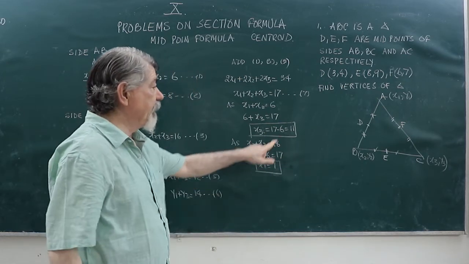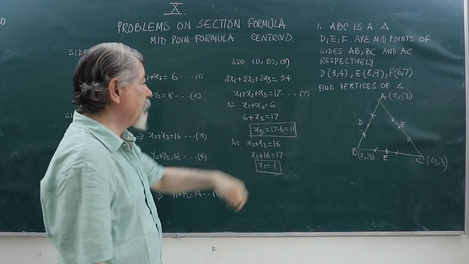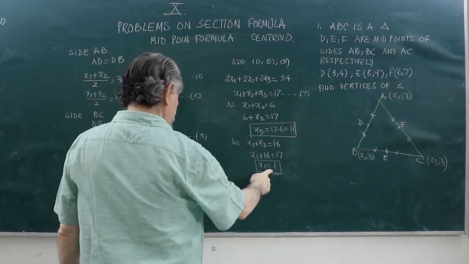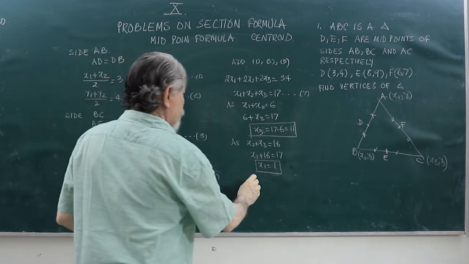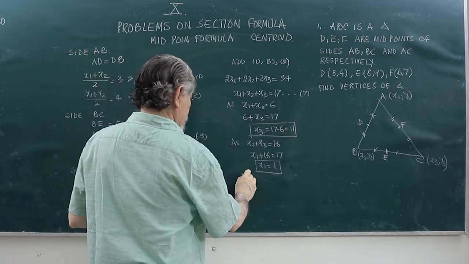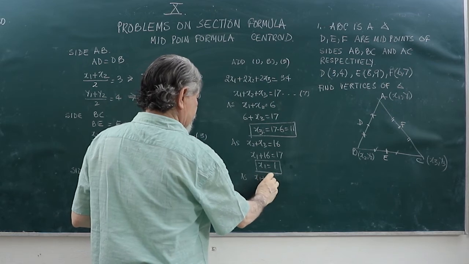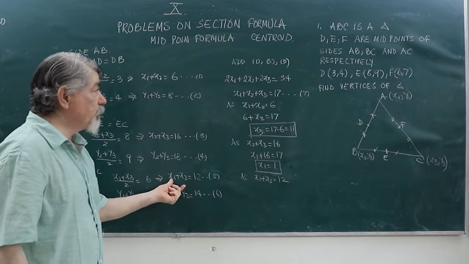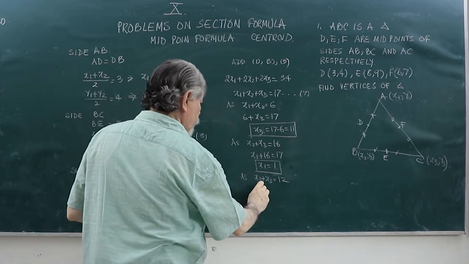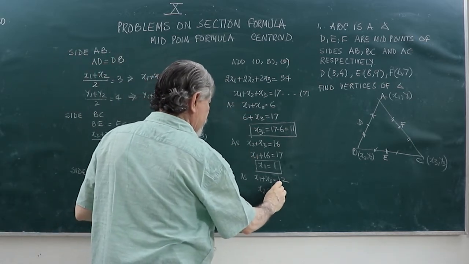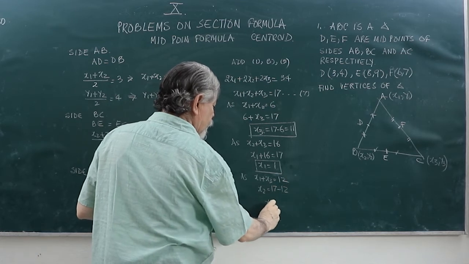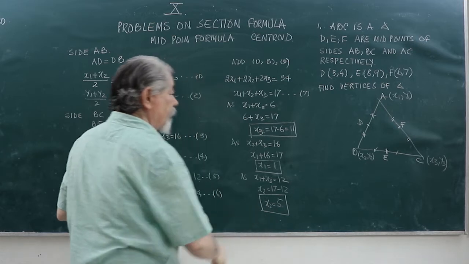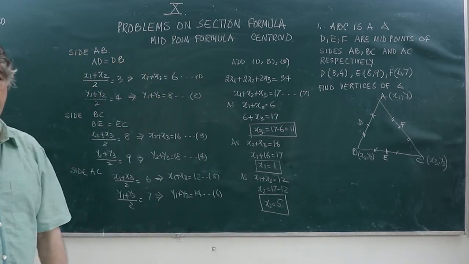You can put the values of x1 and x3 in equation 5 to check: x1 plus x3 is 11 plus 1, that is 12. As x1 plus x3 is 12, x2 will be equal to 17 minus 12, so x2 will be equal to 5. So I've got the values of x1, x2 and x3.